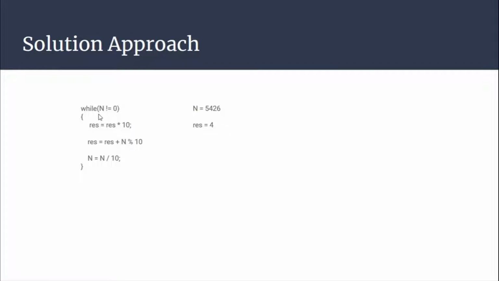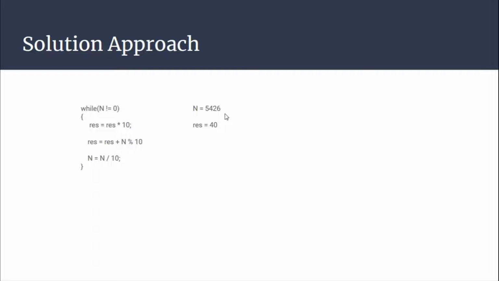Now again, since n is not 0, we would create extra space for the next digit by multiplying result with 10. So if you multiply result with 10, it would become 40, of course, and this 0 is the new place for the last digit. Now result is equal to result plus the last digit of n.